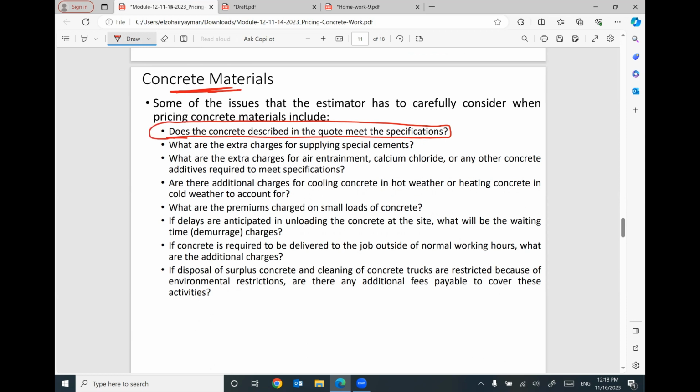Because if you use your cell phone and call a concrete company to order concrete, they will ask you a few questions. What are the specifications of concrete you need? And based on the answer, I can tell you a quote for this concrete.